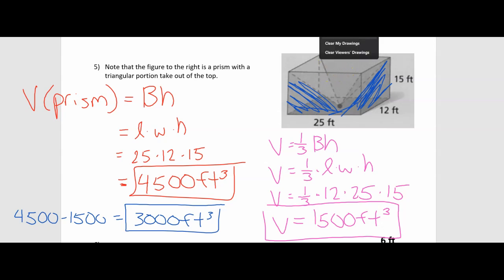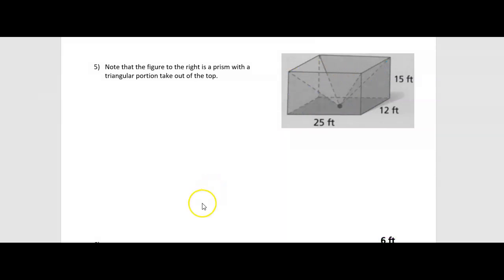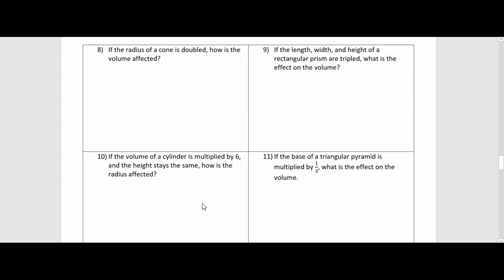All right, last thing to discuss is some relationships. We'll skip 7. Relationships between similar solids, or just solids that have one or more dimensions scaled by a certain factor. We kind of touched on this back in the similarity unit, as well as in the area unit.